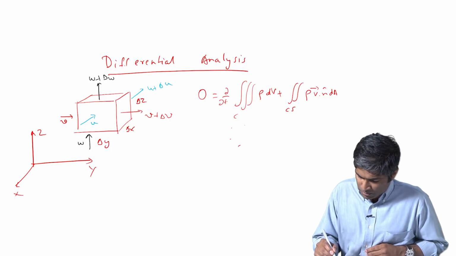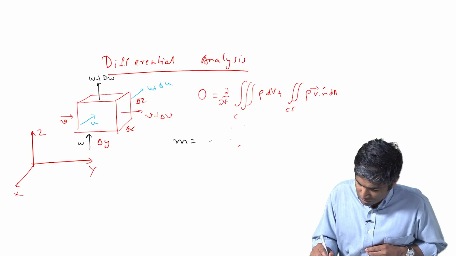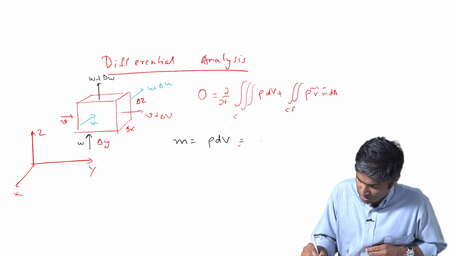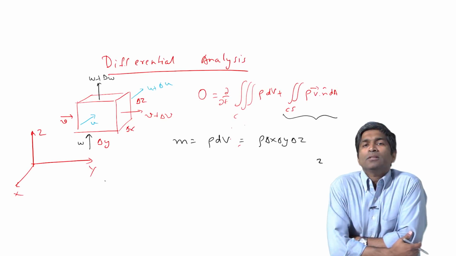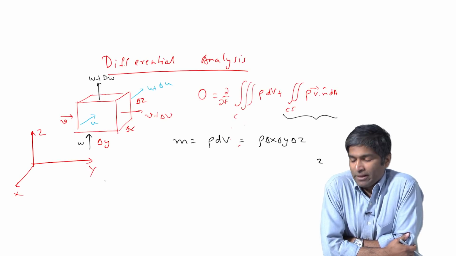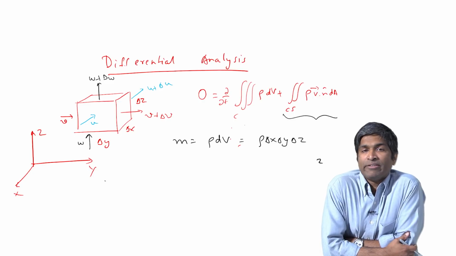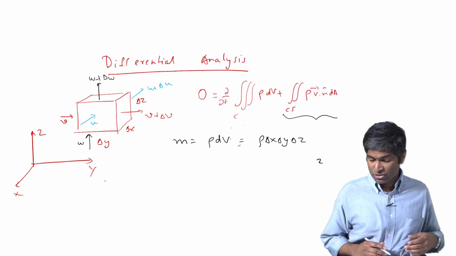So the mass of the system itself is rho dV, and so that's rho delta x, delta y, delta z. Okay, so let's go and find what the mass fluxes are that are entering or leaving the system from each of these phases.